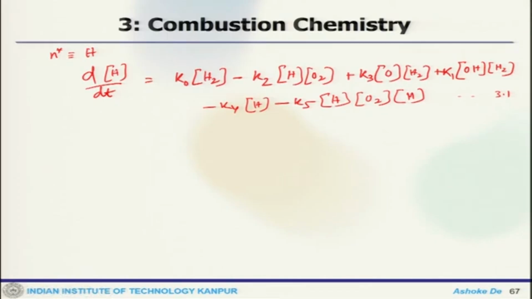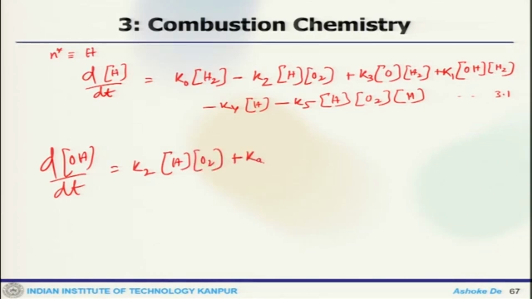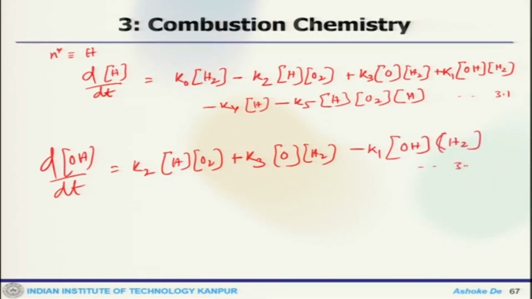Now, for the other free radical species, one can find out dOH by dt also. Similarly, this would be K2 H O2 plus K3 O H2 minus K1 OH H2, which is your second step of the reaction.